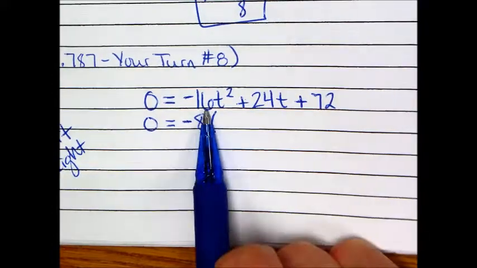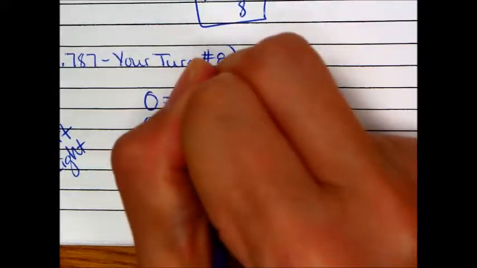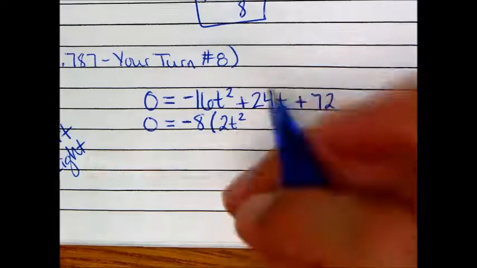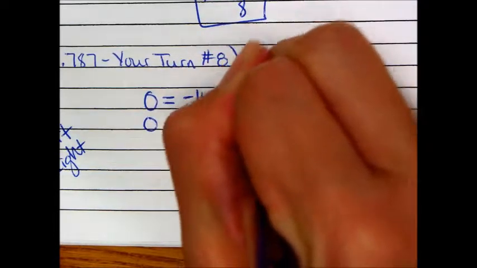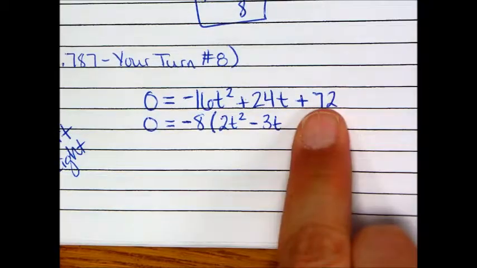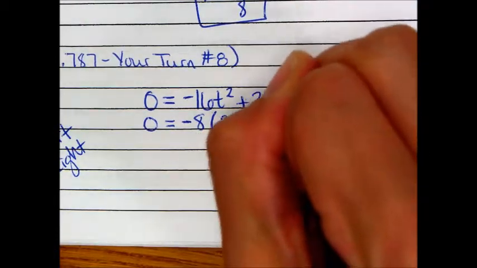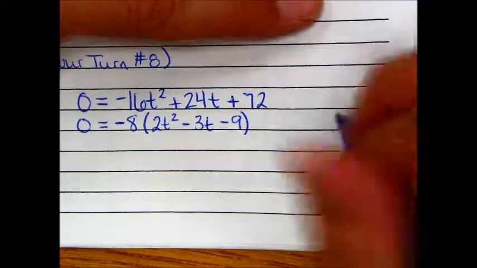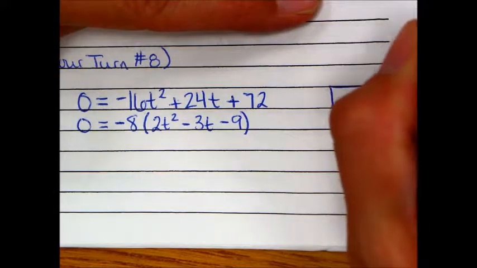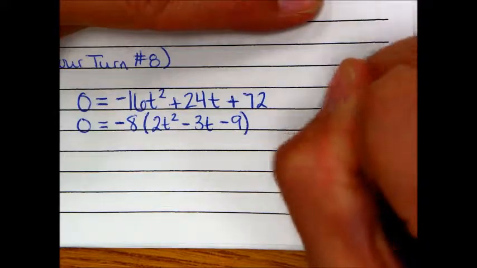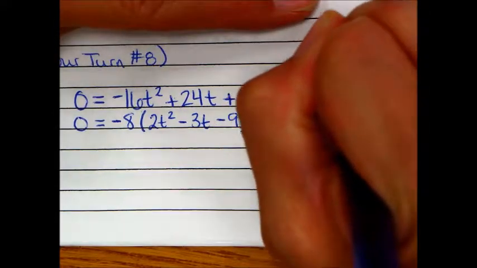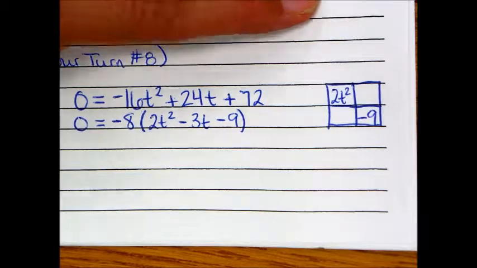So if I divided by negative 8, this would turn into 2t squared. If I divided the middle term by negative 8, it would turn into negative 3t. And if I divided 72 by negative 8, it would turn into negative 9. So the negative 8 plays no role in my box. In the box, we're going to put the 2t squared and the negative 9.